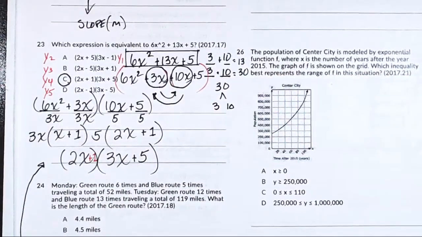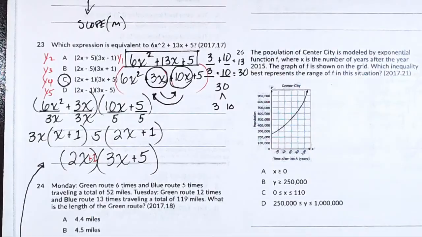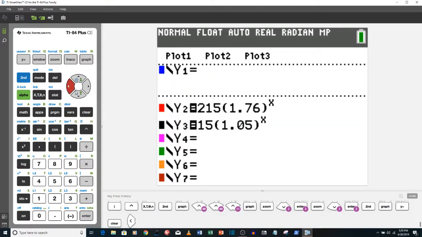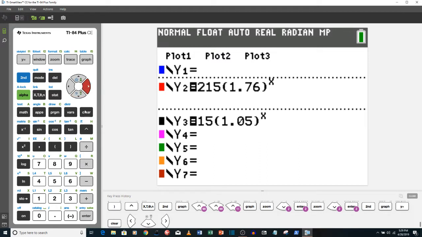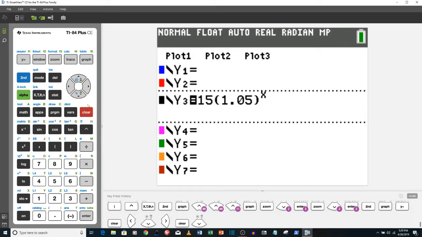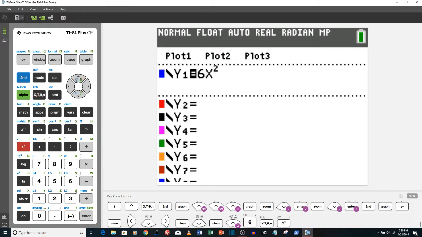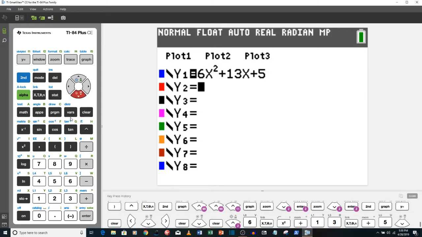and we will go to our calculator, go to y equals, clear, go up. y1 is going to be the original quadratic, 6x squared plus 13x plus 5. Down arrow. Now we'll start plugging in.